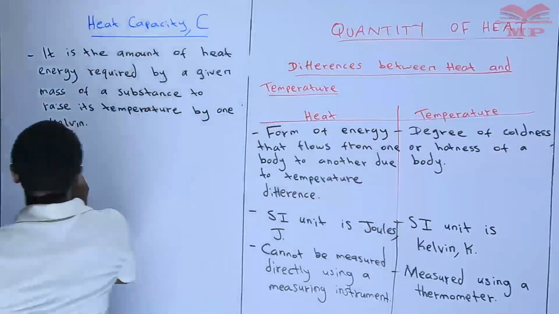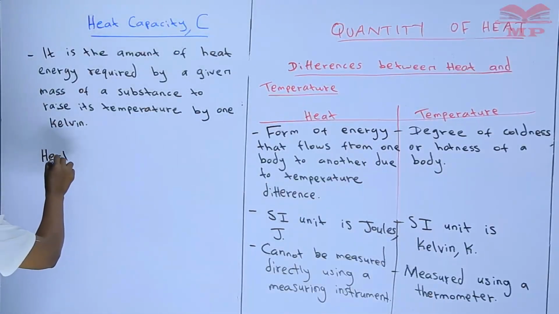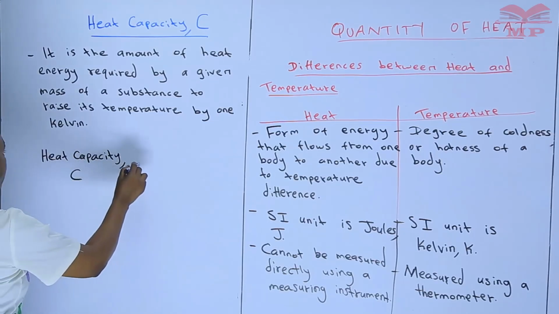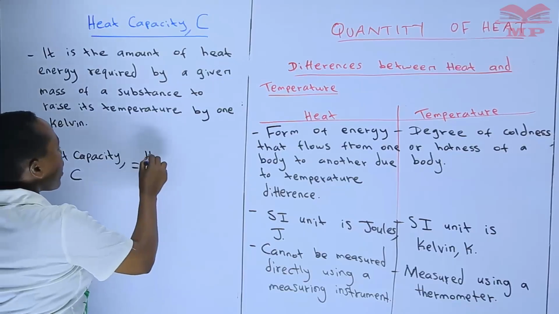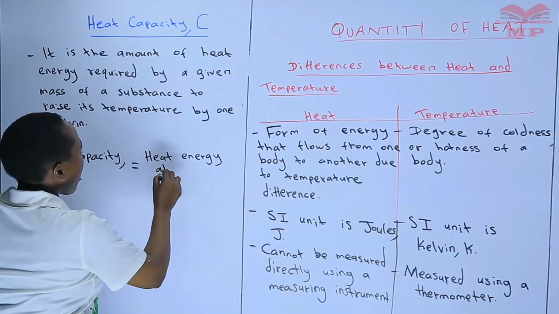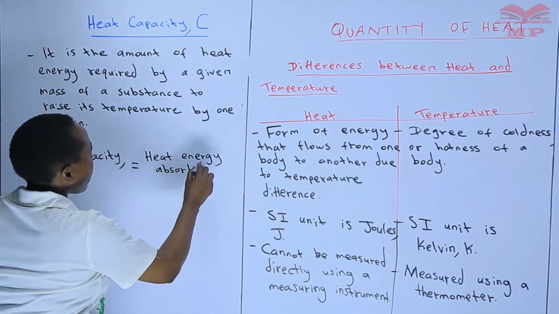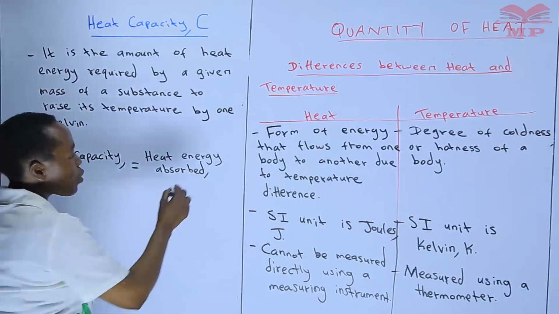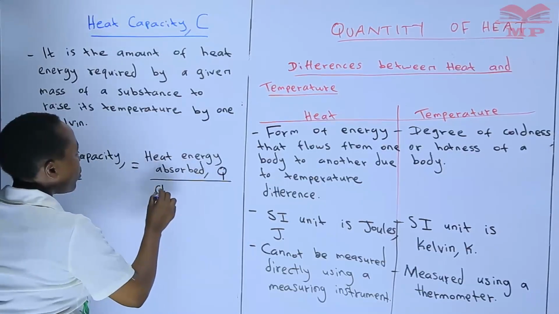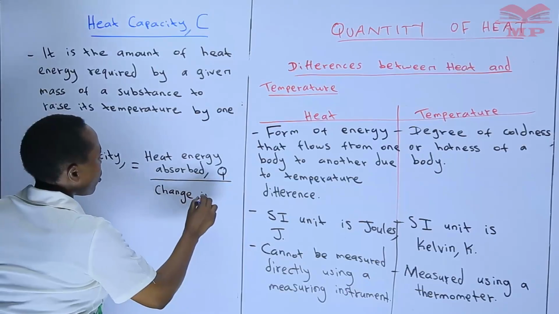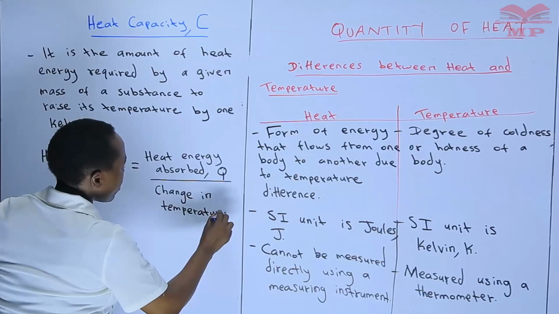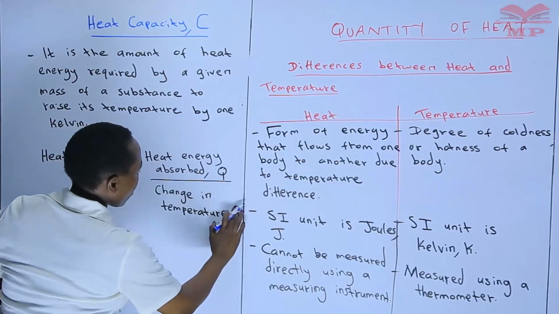And therefore from this we can say that heat capacity, denoted by capital letter C, will be equal to heat energy absorbed, and the heat is represented using letter Q, divided by the change in temperature, and this change is in Kelvin.